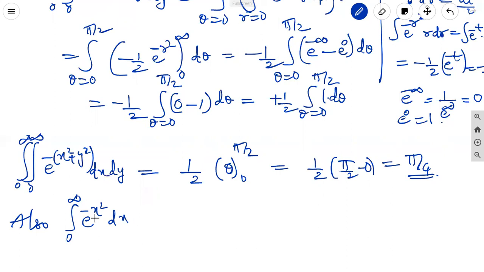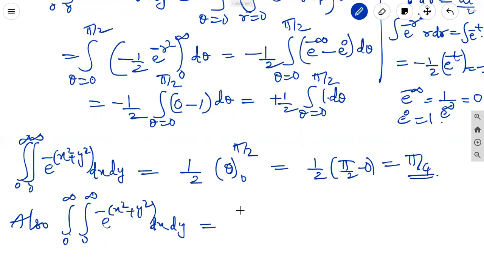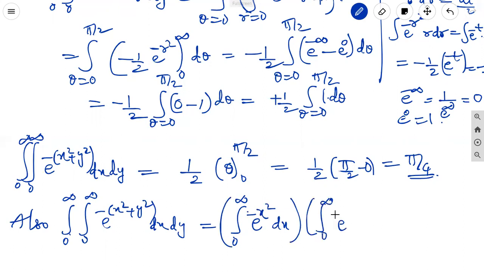Here, the double integral 0 to infinity e power minus of x square plus y square dx dy can be written as integral 0 to infinity e power minus x square dx into integral 0 to infinity e power minus y square dy, which is equal to pi by 4.